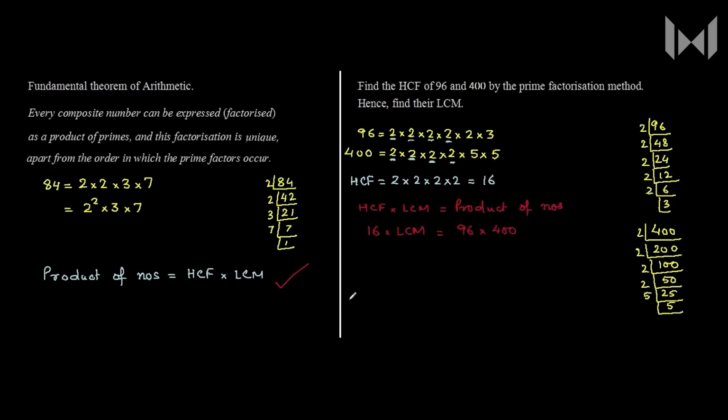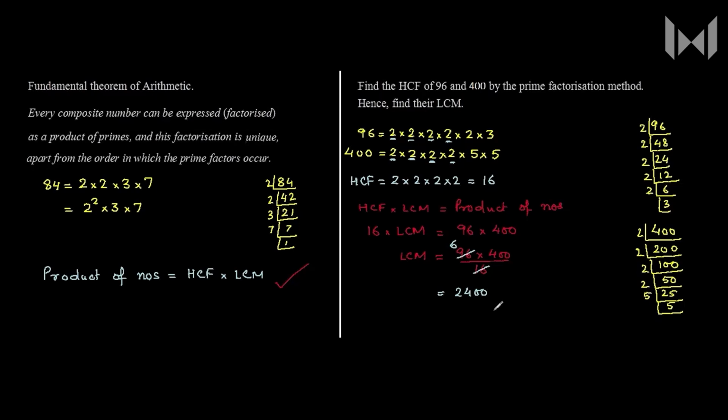Now over here remember one thing, most of the time the students multiply 96 and 400. No, never do that. Always go for cancellations first, and after that whatever is left you should multiply to get the final answer. Now over here we know that 16 sixes are 96, and so the LCM will be 2400.